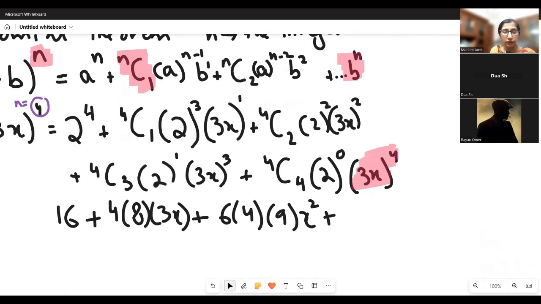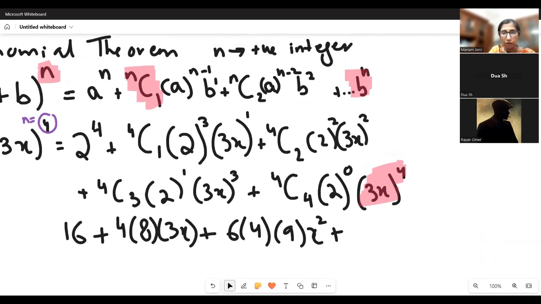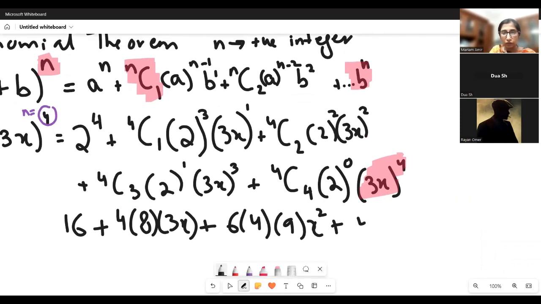Then 4C3 is 4. Then 2 times 1 is 2, and then 3 cubed is 27. Plus 4C4 is 1, 2 to the power 0 is 1, 3 to the power 4 is 81, x to the power 4.